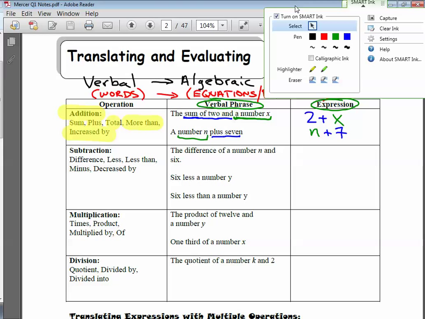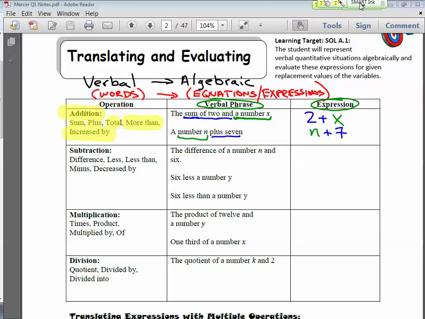Alright. These are my keywords for subtraction here. If they say difference, if they say less or less than, and there's an important difference there we'll see in a second, minus or decreased by, this all means subtraction.